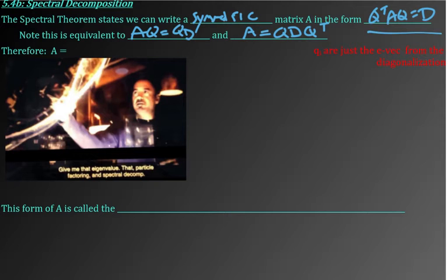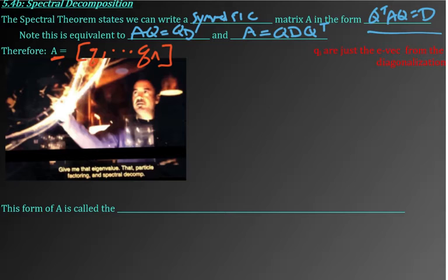And so if you start unpacking all this a little bit, then A, I can write as Q1 through Qn, for an n by n matrix. So these Q's are just the eigenvectors from the diagonalization. They're column vectors that are just the eigenvectors, okay?